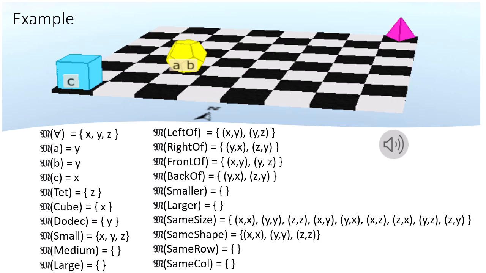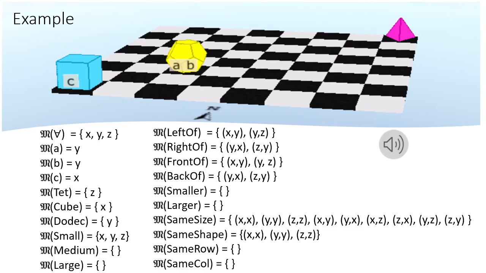Let's now say a bit about our one-ary relations, and that would be tet, cube, dodec, small, medium, and large. Because those are all one-ary relations, the output is just going to be elements of the domain of discourse that make those properties true.